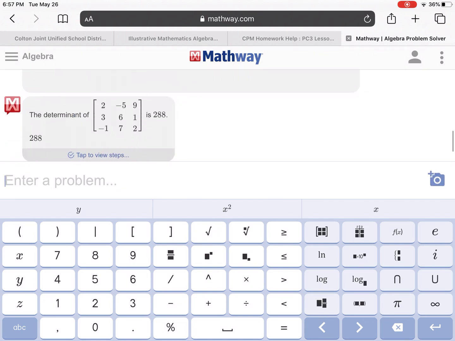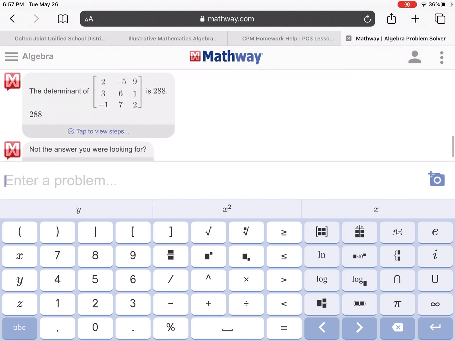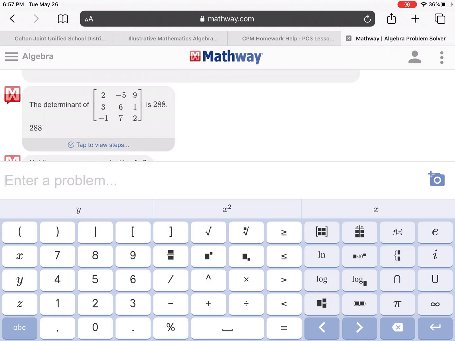And it computes it for us, 288. All that work that I showed you will end up being true. The determinant of that 3 by 3 was 288, but I didn't have to think about it, which is awesome.